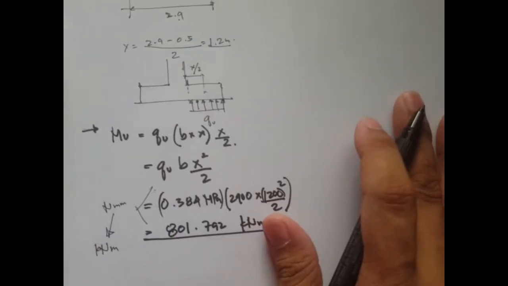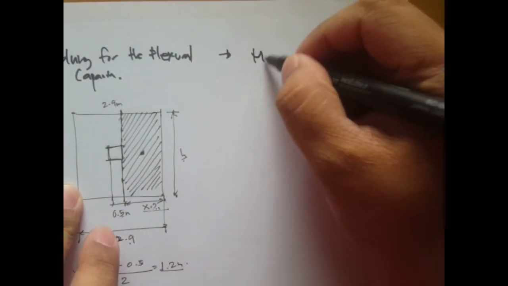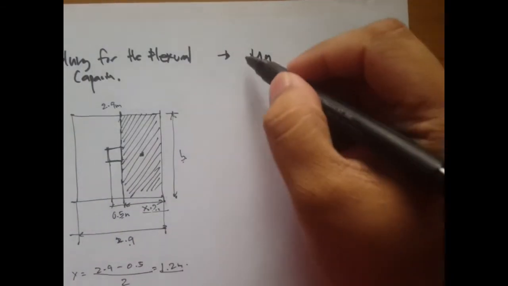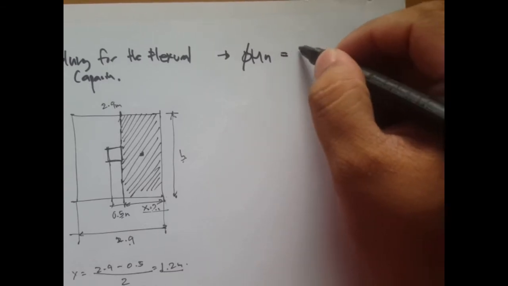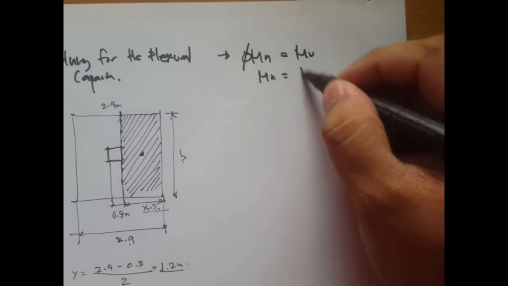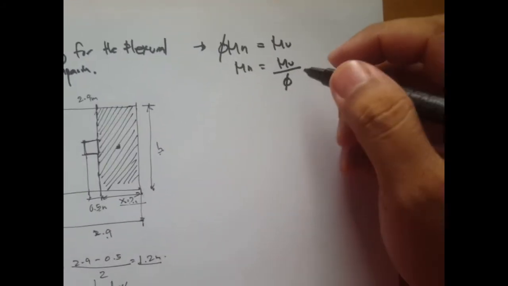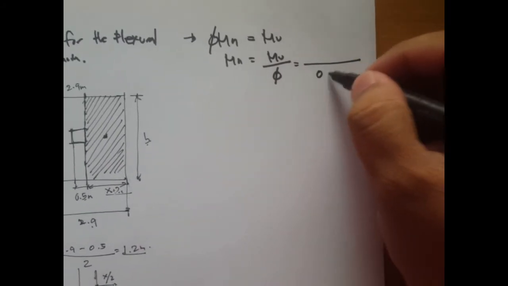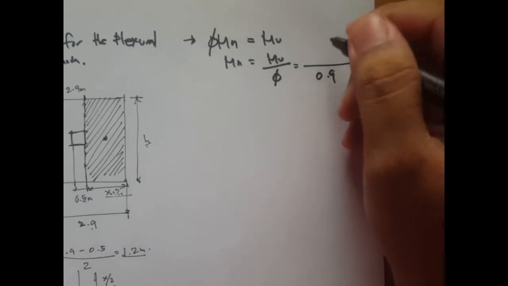Okay, so now since we have the factored moment, we can solve for the nominal capacity. Okay, so this is our equation, that the factored capacity is greater than or equal to the factored loads, and therefore our nominal capacity is just this factored moment divided by the reduction factor. Now, we'll assume a reduction factor of 0.9, meaning that it's tension controlled.